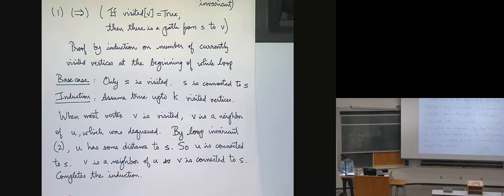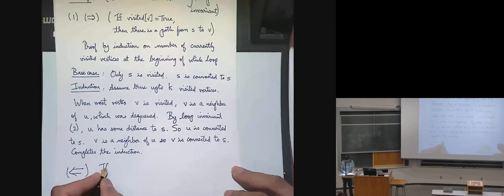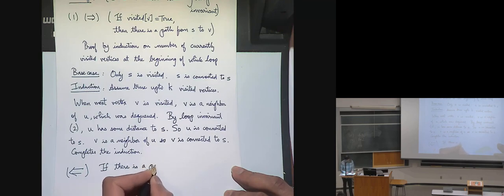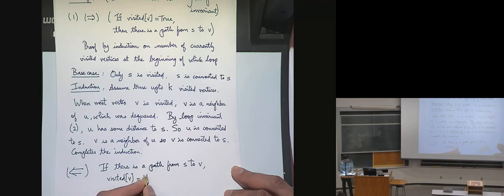Then we need to do the other part, which says if there is a path from S to V, then visited V is equal to true.